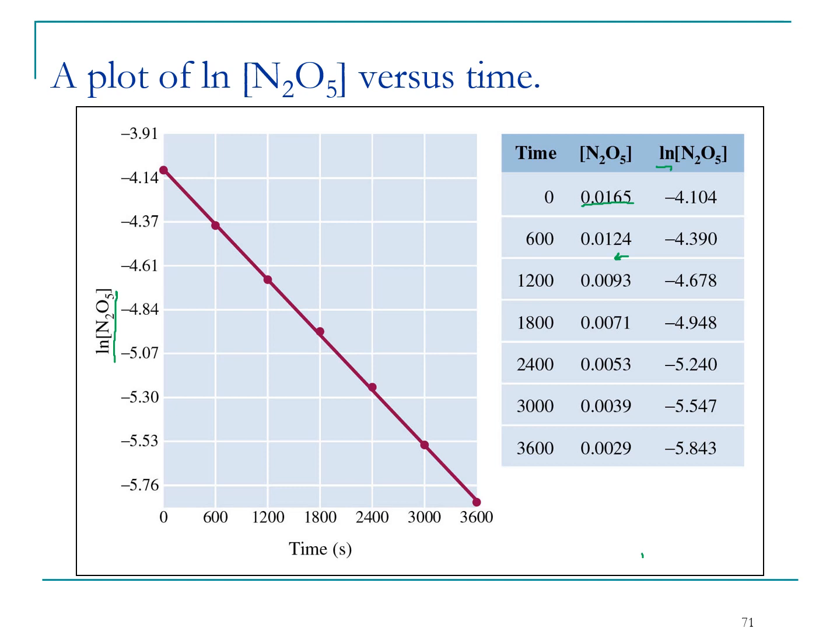We can also find the slope of this line. If you graphed it on the computer, you can find the slope, and the slope will equal negative k. In this case, because the slope is negative, k will be a positive number, which it should be.